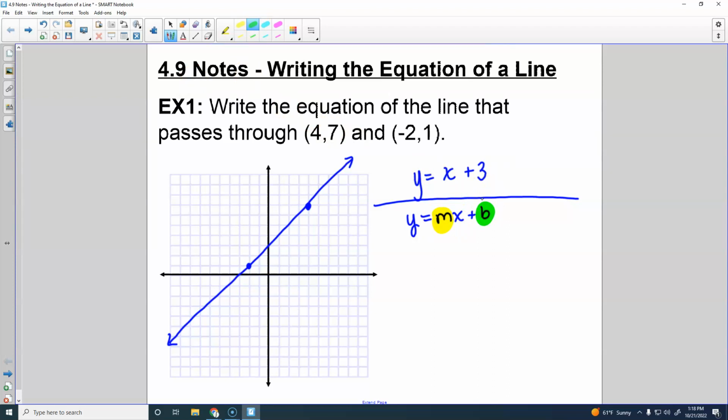I need the m and the b. You must find the slope first. You have to have the slope before you can find the y-intercept when you're doing this algebraically. On the problems we were doing yesterday, the question just gave me the slope. It said the slope is 3, or the slope is negative 2/3. That is not the case here.